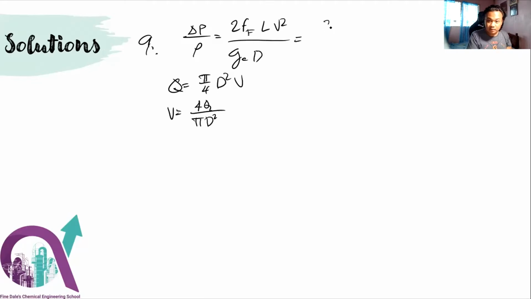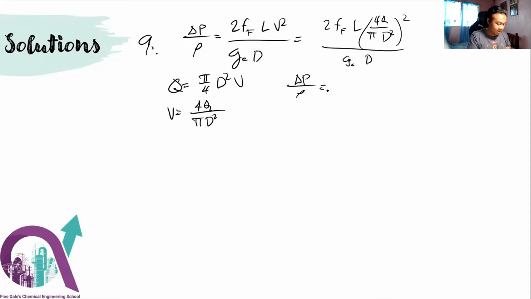Okay, so we have 2 f L (4Q over pi D squared) squared over g D. So ΔP, we have 32 f L Q squared over gc pi squared D to the 5th.